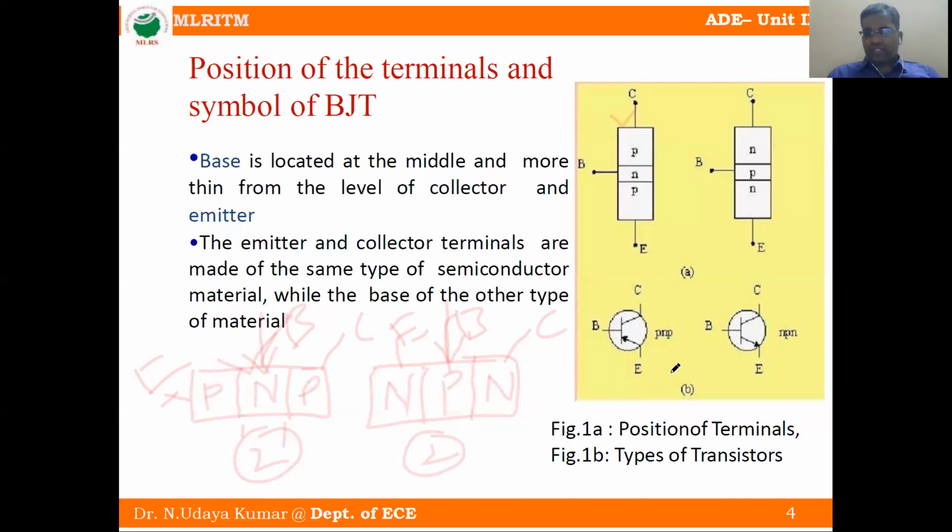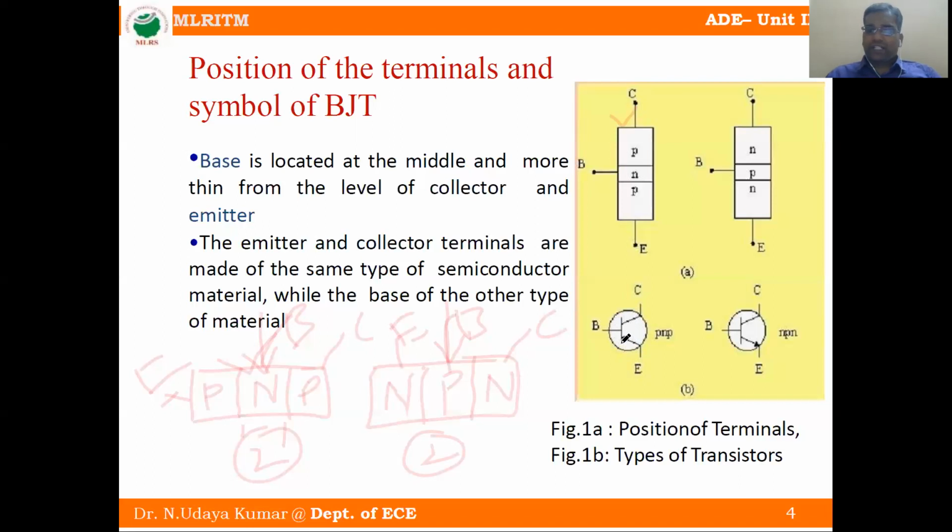You can observe the circuit diagram or symbol of a transistor. This is a PNP transistor. The first terminal is emitter, then base, collector. It is a three-terminal device. What do you mean by an NPN transistor? This is also three-terminal: emitter, base, collector. The only difference is the arrow mark.